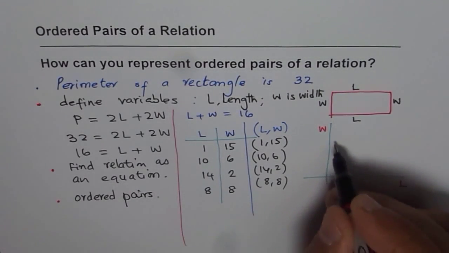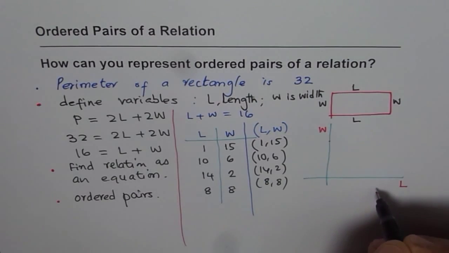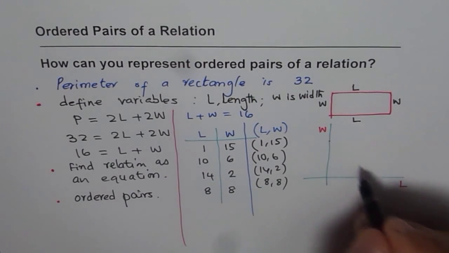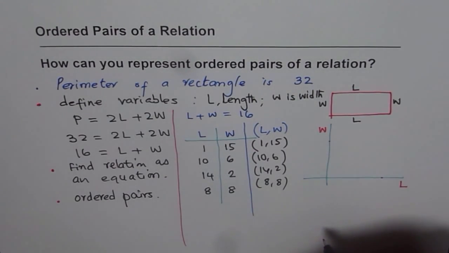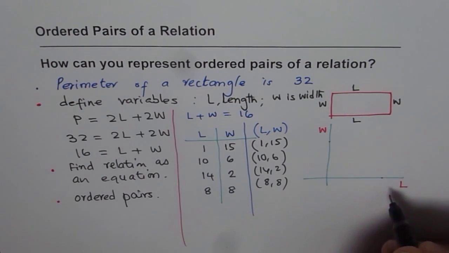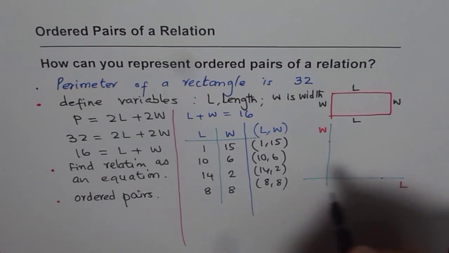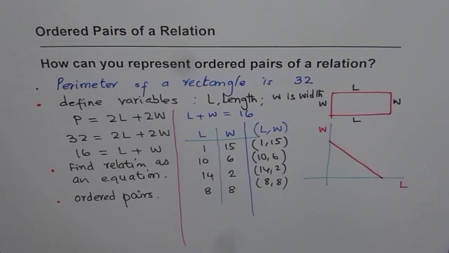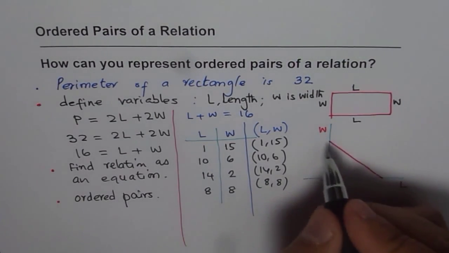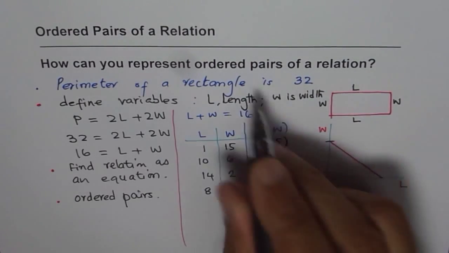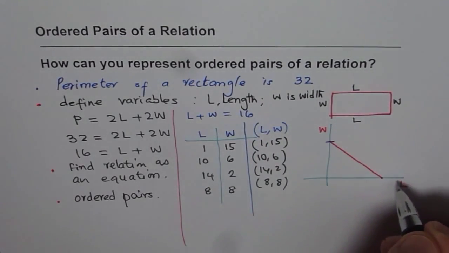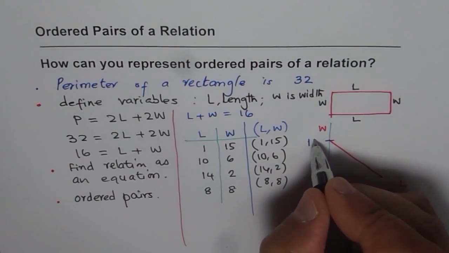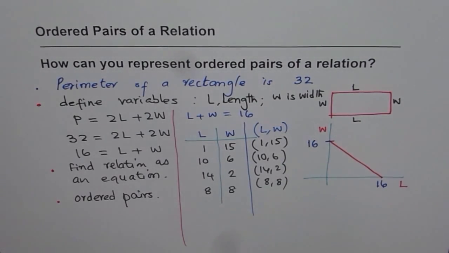So we take 0, we get 16. If I take width as 0, length becomes 16. That combination gives us a set of points which will satisfy this equation. So we can draw a line which represents the relation in the form of a graph, where these points are 16 and 16.